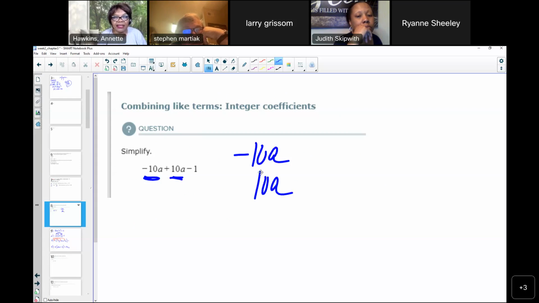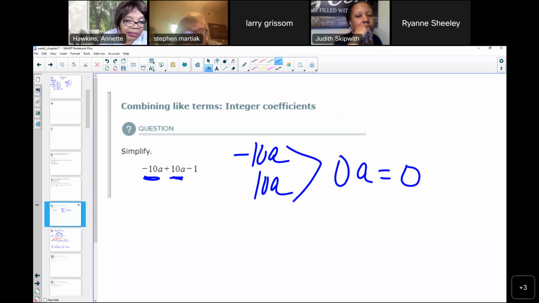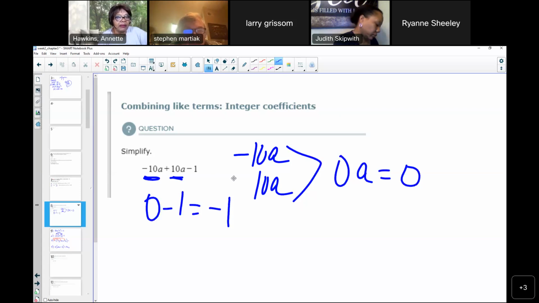To combine these, we say negative 10 plus 10, and that gives me 0. So these combine to 0a. This is 0 times a, which is just 0. So this is 0 minus 1, which gives me negative 1. So these are like terms, and you're going to have to remember your signed numbers.